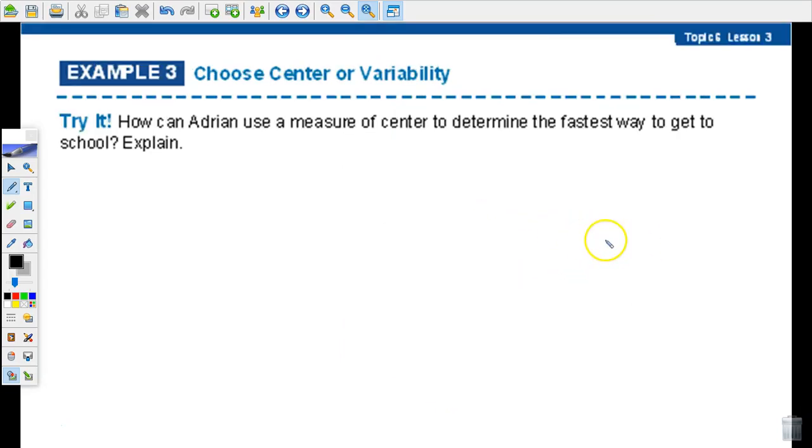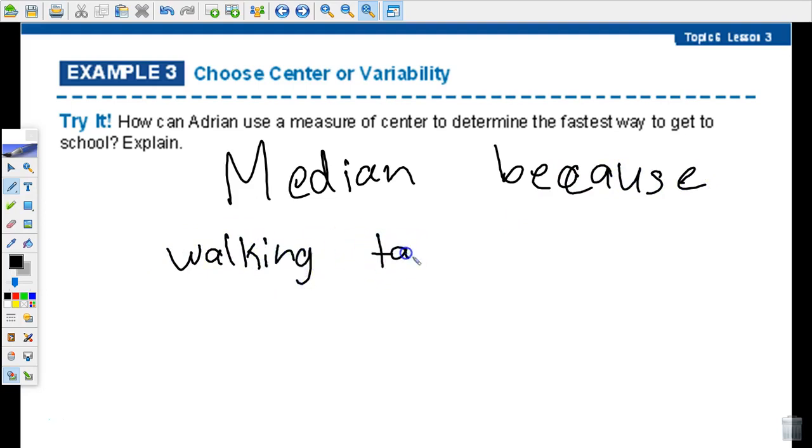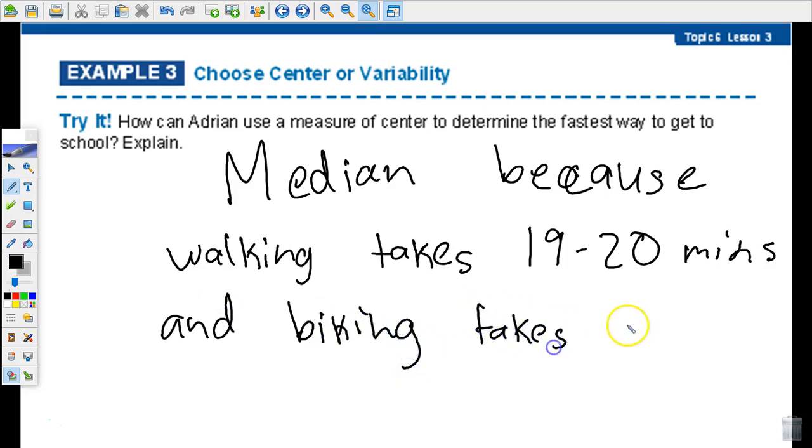So the median clearly tells him that walking takes 19 to 20 minutes, and biking takes 15 minutes.